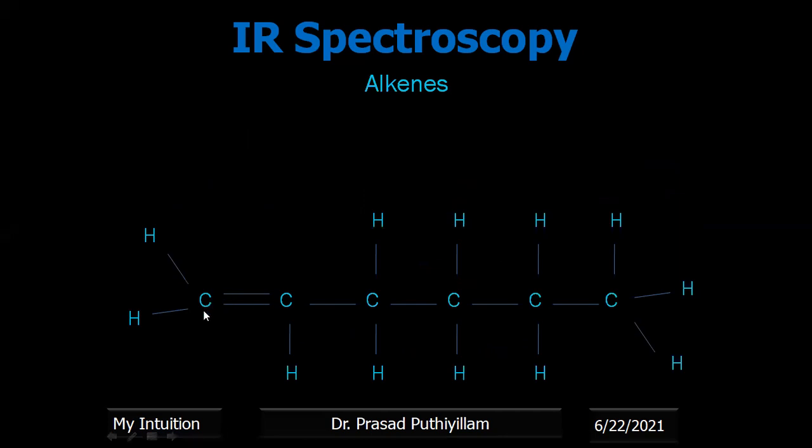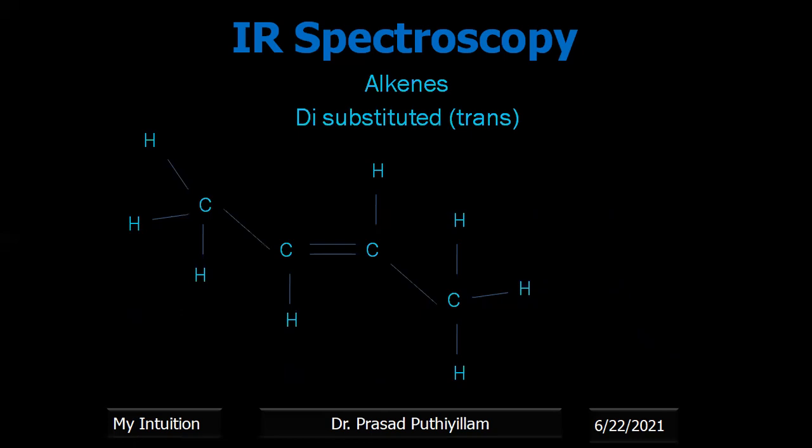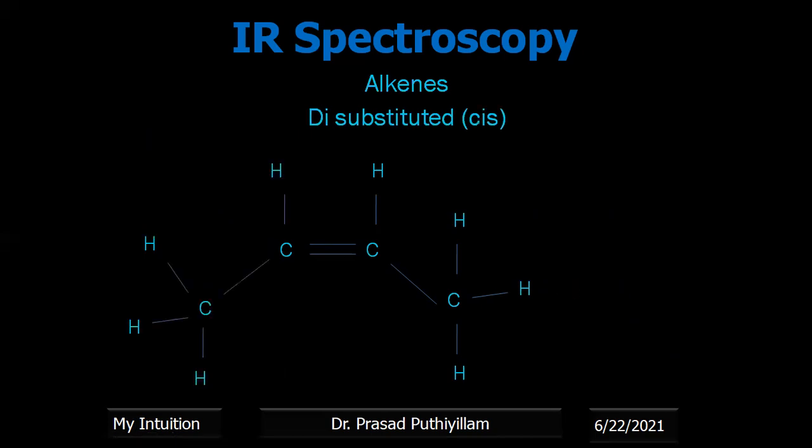A double bond may be present on the first carbon itself, or it may be a 2-alkene, or it may be a trans type alkene. The CH3 groups are on opposite sides, and the hydrogen atoms, compared to the double bond, are on opposite sides. So we call it a trans type of alkene. It may be cis also, a cis type of alkene, where the CH3 groups are on the same side, and the hydrogens are also on the same side.